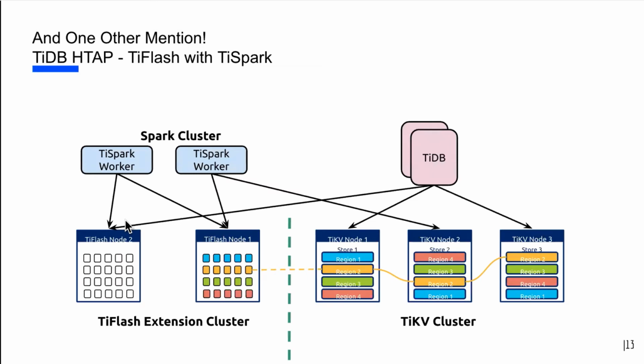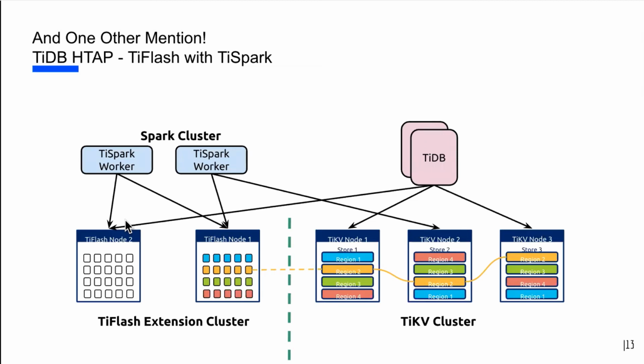There's one other thing I mentioned before: using TiSpark within our HTAP solution to further extend it. That's what I like to call it, giving it some extensibility here, using TiFlash, particularly with TiSpark, where I've got a Spark cluster.